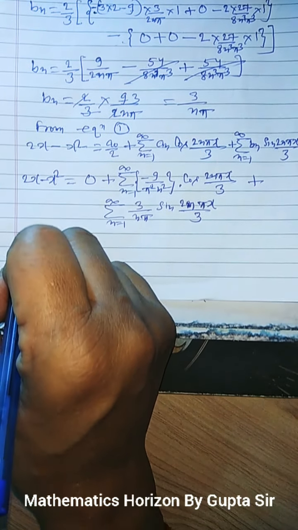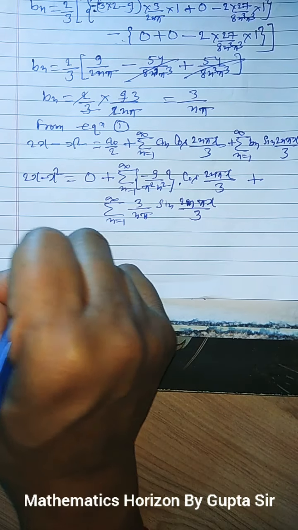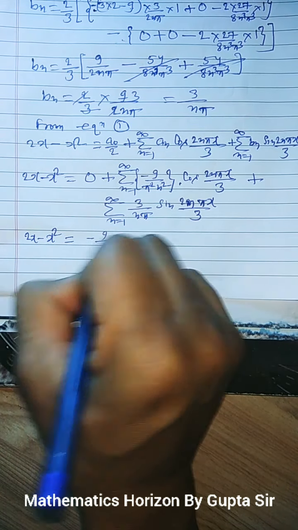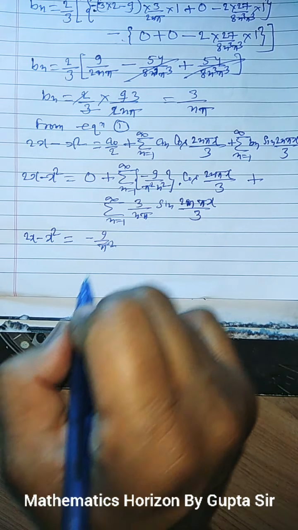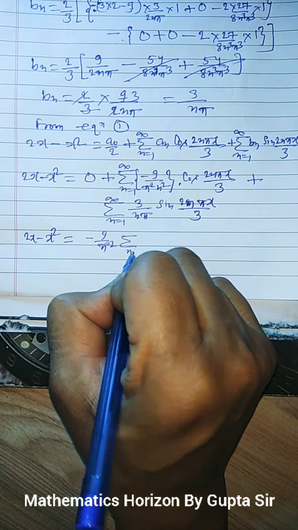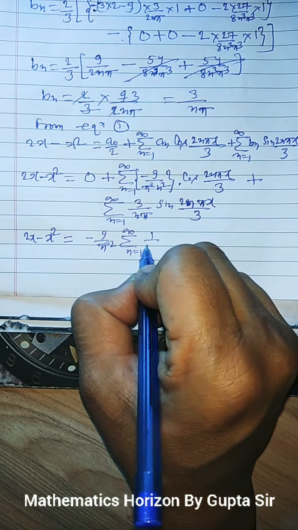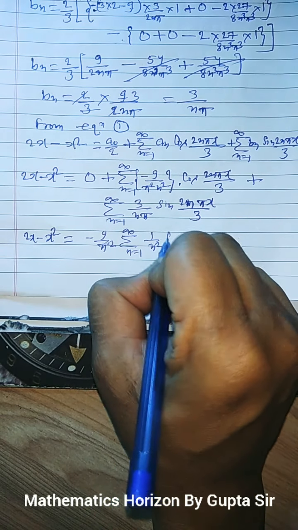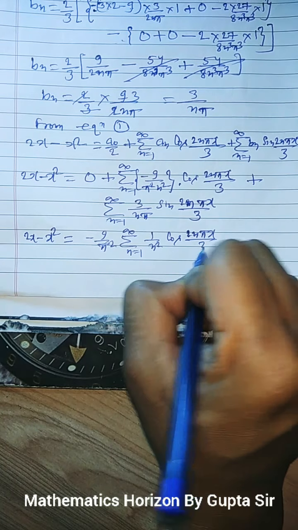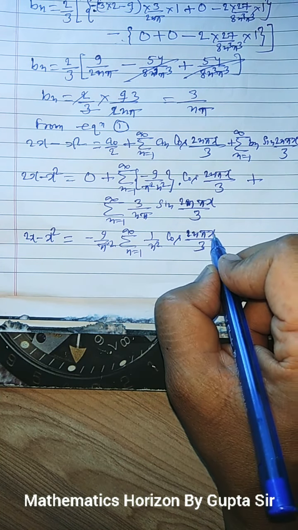Now simplifying this, that is 2x minus x square is equal to minus 9 upon pi square is the common term. Summation n equal to 1 to infinity 1 upon n square cos 2n pi x upon 3, and here we have what is the common term?